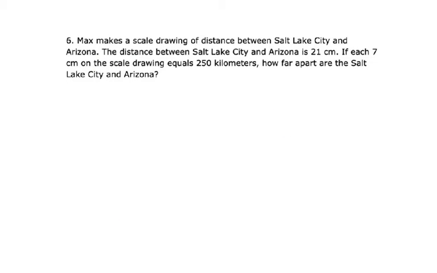For Max, though, Max's scale drawing, we know that on his drawing, Salt Lake City and Arizona are 21 centimeters apart. We also know that 7 centimeters, and I make sure that the centimeters match up with each other, 7 centimeters is equal to 250 kilometers.